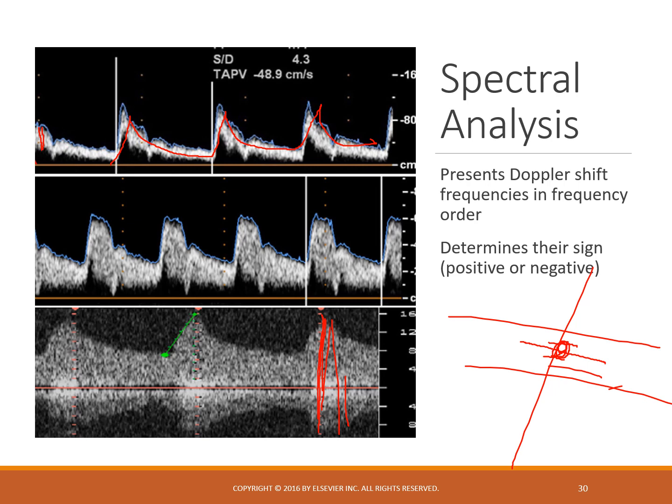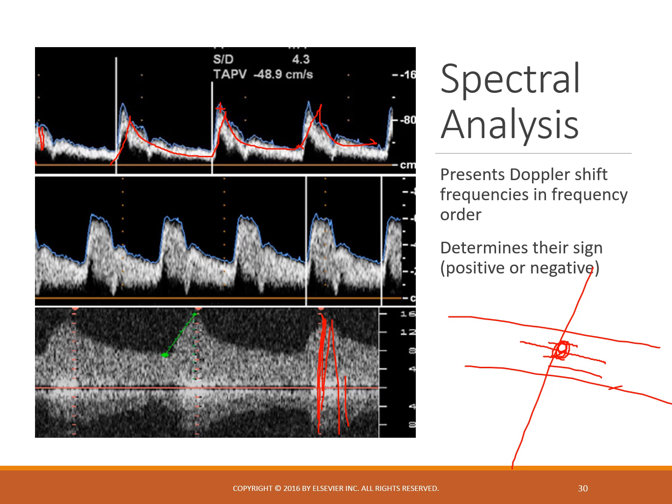Some of the things we can measure off our spectral analysis are often the peak systole, which we measure right here, and end diastole. This allows us to look at resistive index, systolic to diastolic ratios, and a number of different things. We just set the cursors, and then our computer can do those calculations as to what our velocities are.